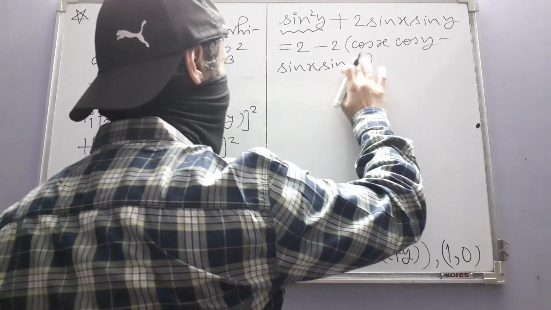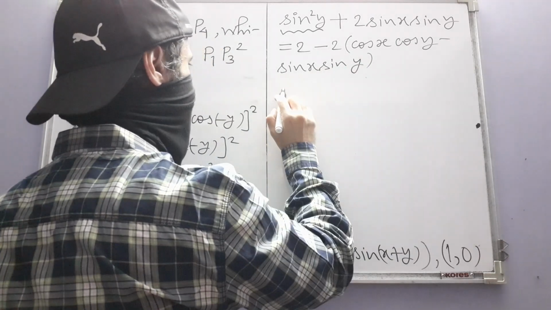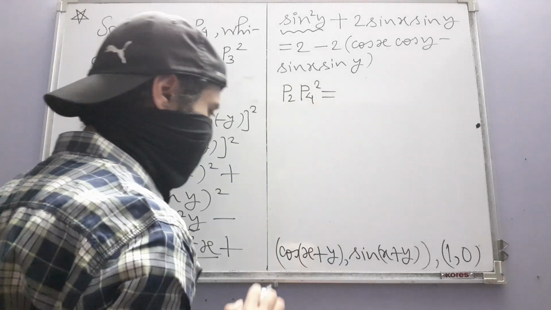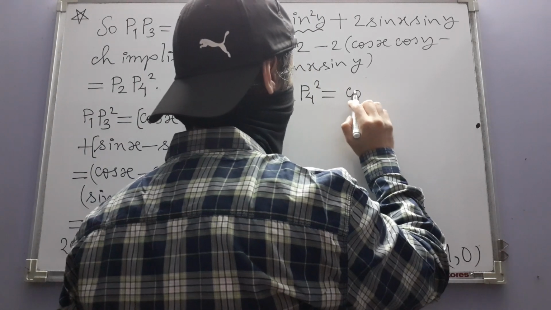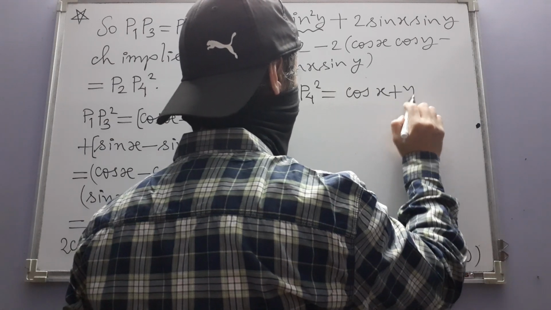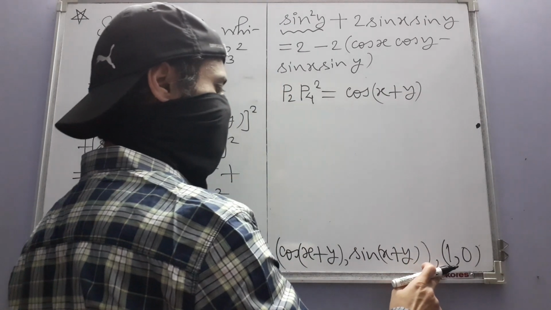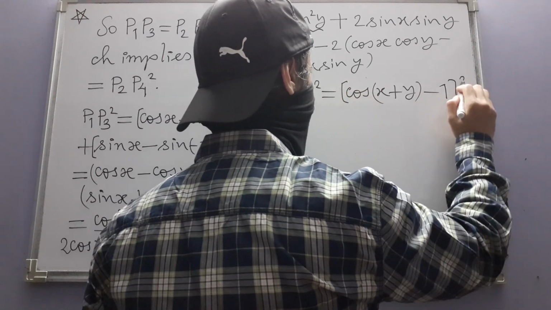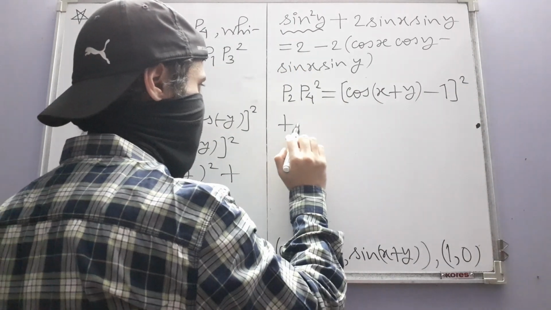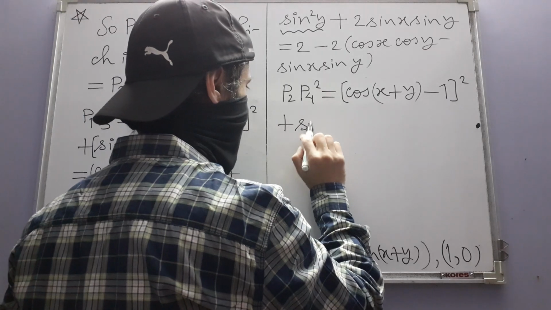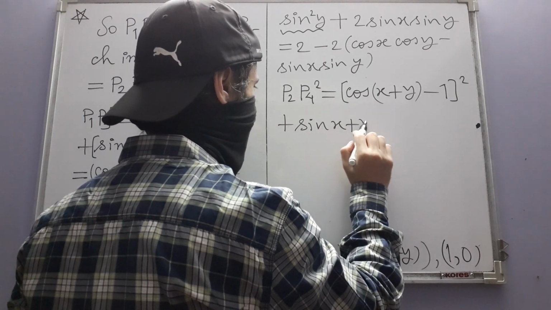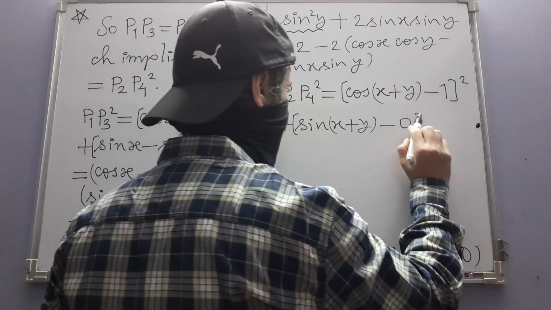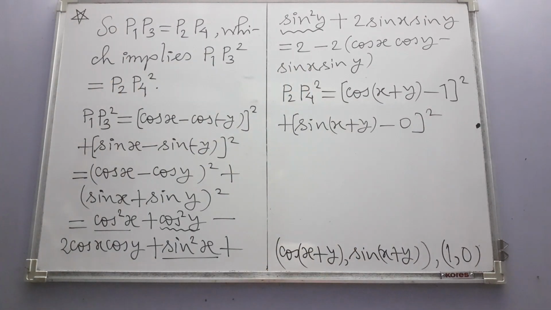So P2, P4 square is going to be cos x plus y minus 1 square plus sine of x plus y minus 0 square.